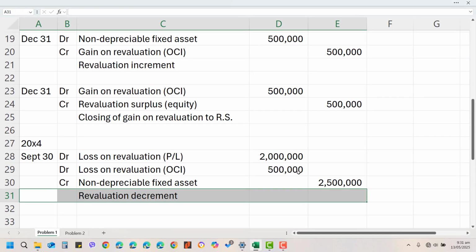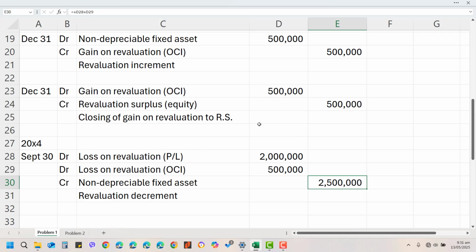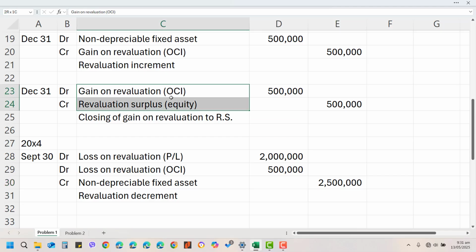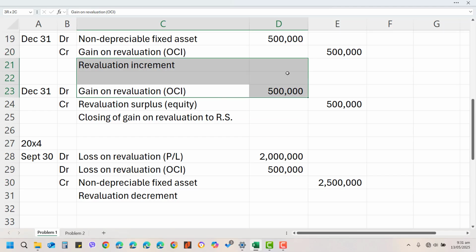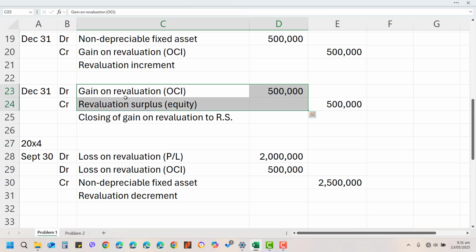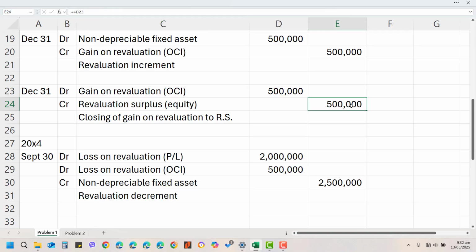So take note. This 2.5 million is the total revaluation decrement, or the loss on revaluation. But because you previously recognized a gain here, which you already closed to revaluation surplus, you need to remove this, because it tells us that it should not be recognized anyway, since in the subsequent period you incurred a loss.